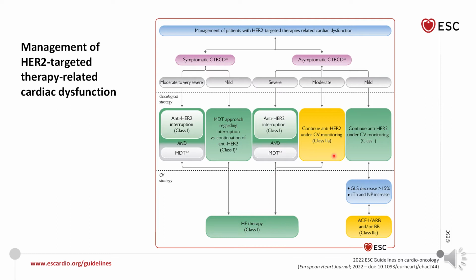In case we decided to continue treatment, like our patient who developed a moderate asymptomatic cardiac dysfunction, this patient should start heart failure treatment. And if she has mild affection, she should start cardioprotective therapy with ACE inhibitor and beta blocker, with close surveillance of biomarkers and echo before each cycle.